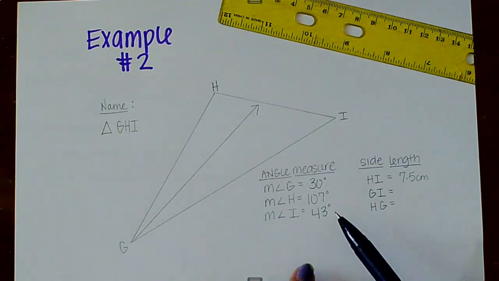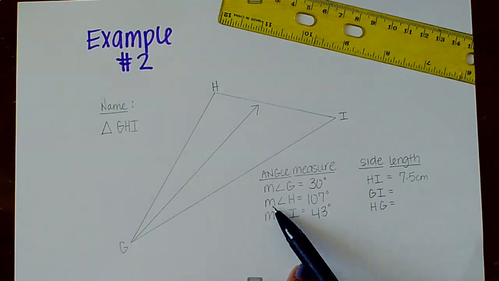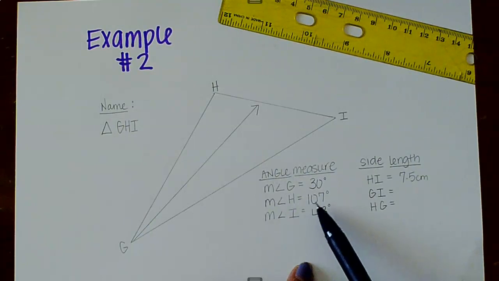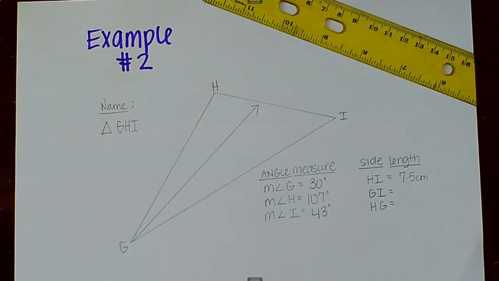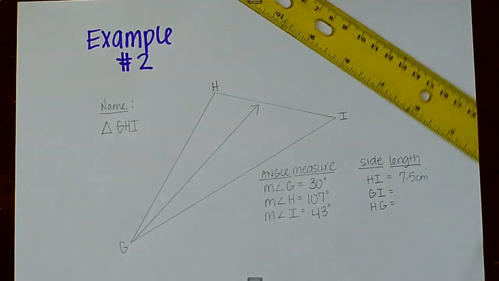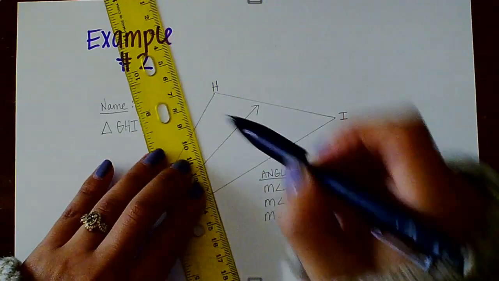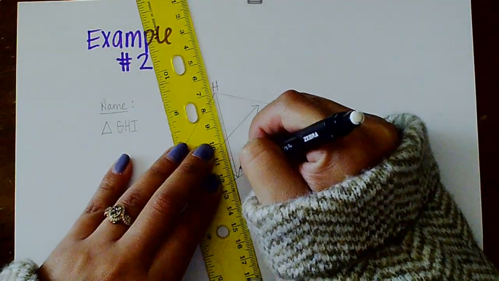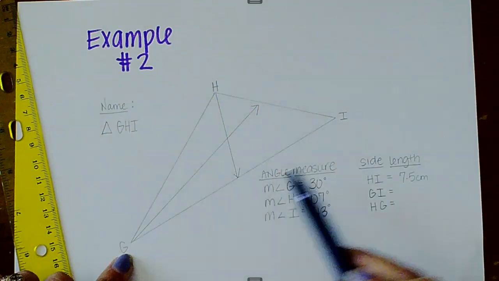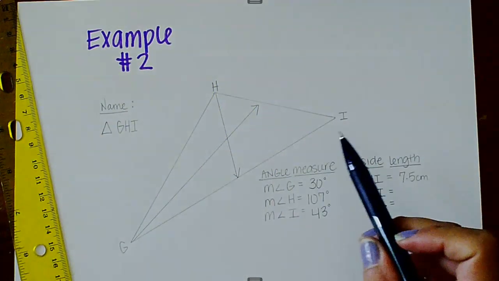Okay, and again, angle H is 107 degrees, so that's our largest angle. So the side opposite that should be the longest side. So here's angle H. If we draw a line opposite to the side, it is side GI. So this should be the longest side here.